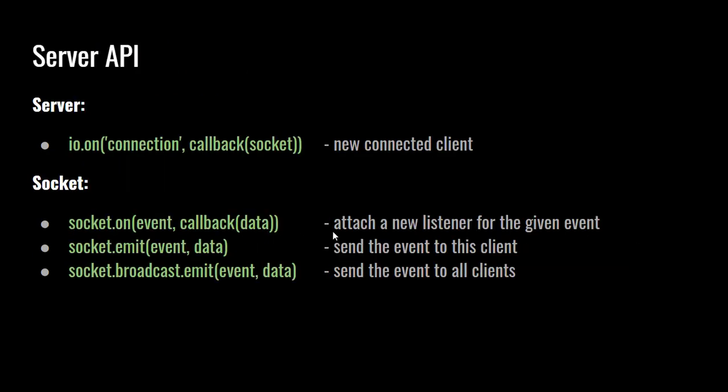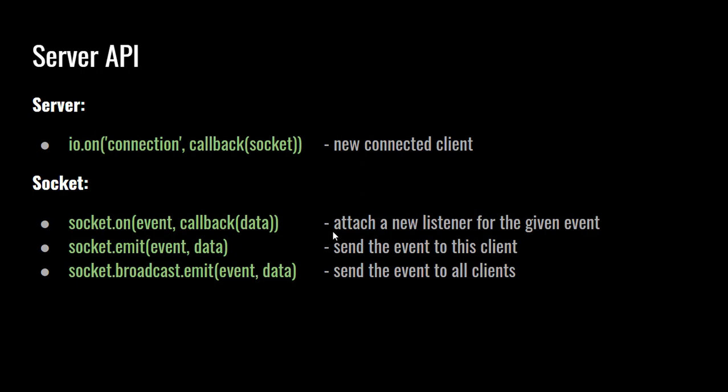So the API is very, very basic. Here's the server API. On the server, you have io.on connection. It could be any named event, and you have a callback with the socket that says a new connected client. The socket itself has a couple things on it.